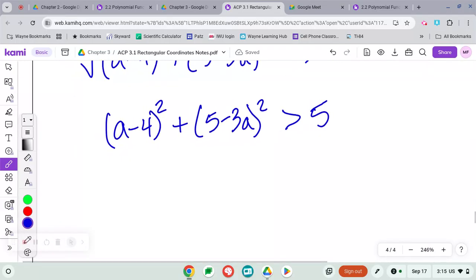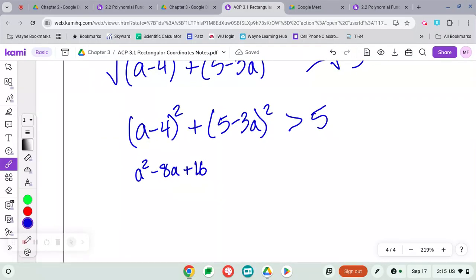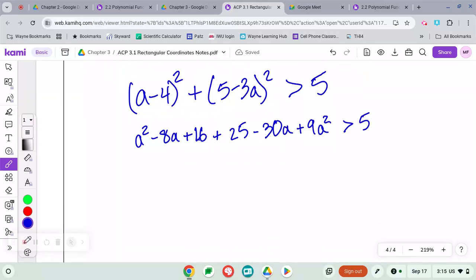We're going to square everything. So that becomes a squared minus 8a plus 16. Once again, if you're not sure how I did that, it's a minus 4 times a minus 4. This next one plus 25 minus 30a plus 9a squared. Okay, all that has to be greater than 5. Combine like terms on the left, and we'll move that 5 over.